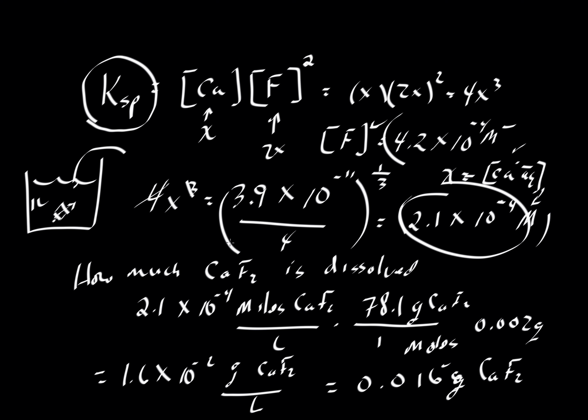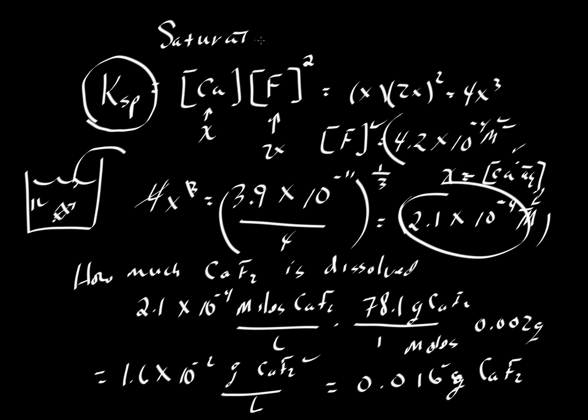So a very important limiting factor in using these Ksp values is that when we're calculating the amount of a material that's dissolved, if we have less than that amount, then the concentrations we've calculated are simply maximum values that will not be achieved unless we add more stuff until the system is so-called saturated.